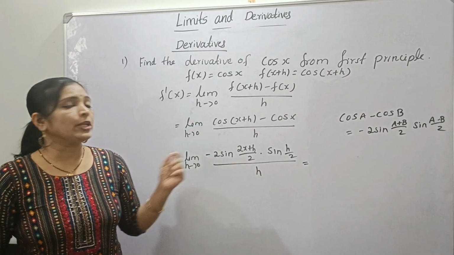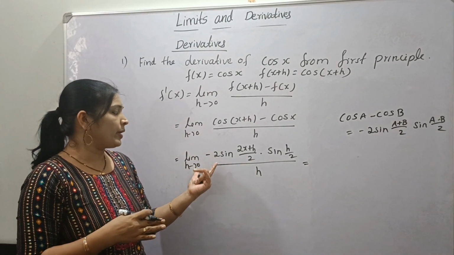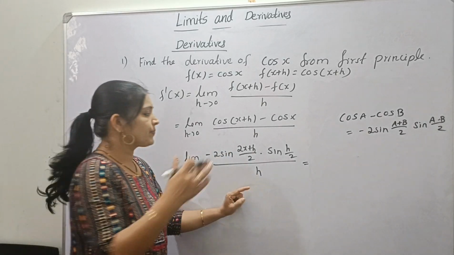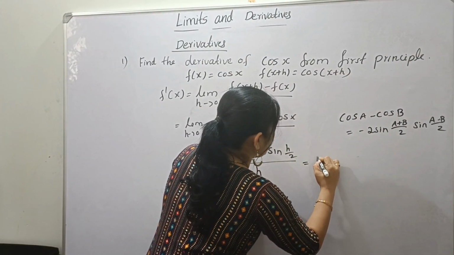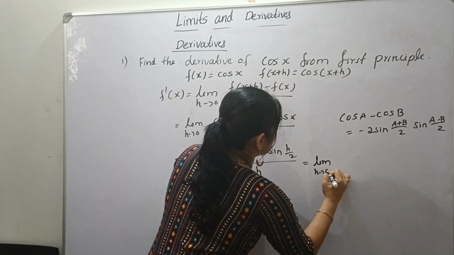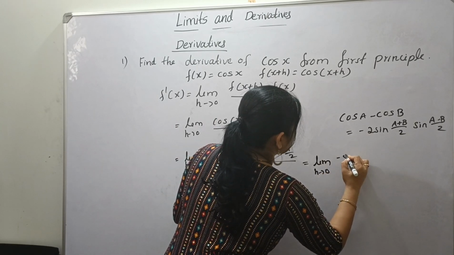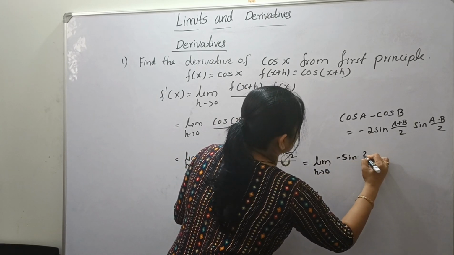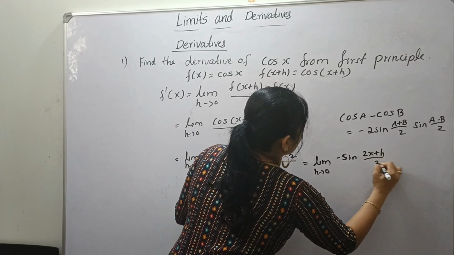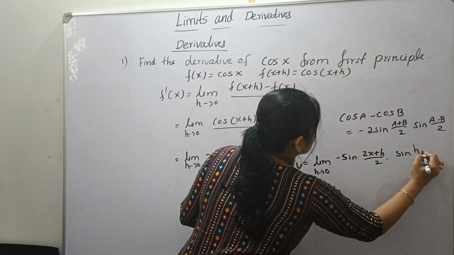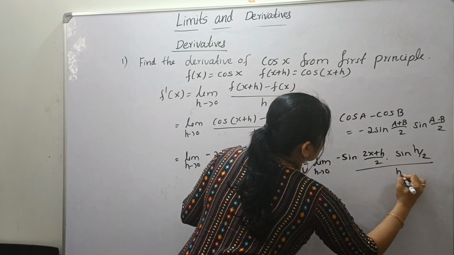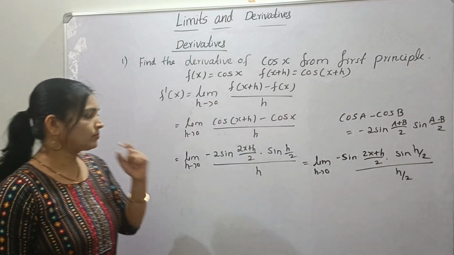yes, as the denominator of the denominator comes to the numerator, these two can be here, right? So let us write it here. Limit h tends to 0 of minus sin of (2x plus h) by 2 into sin of h by 2, divided by h by 2, right?